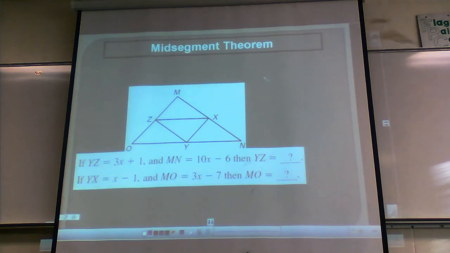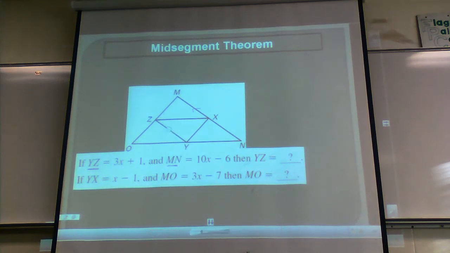Which means all I have to do is identify which ones are half of each other, which sides match up and so on. If I look at the top one, it's giving me YZ and MN. The first thing I would do is make sure that these two are the parallel ones. Are YZ and MN the parallel ones? Yeah, because they're going the same way.